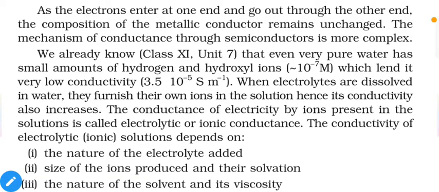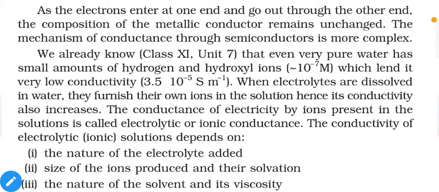The mechanism of conductance through an electrolyte is more complex. We already know from class 11, unit 7, that very pure water has a small amount of hydrogen and hydroxyl ions, 10 raised to minus 7. We measured the pH of water as 7 based on this value, which leads to a very low conductivity, 3.5 into 10 raised to minus 5.